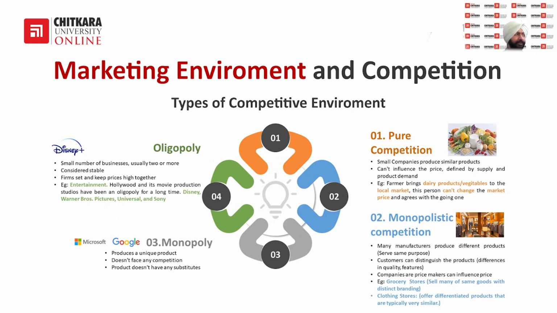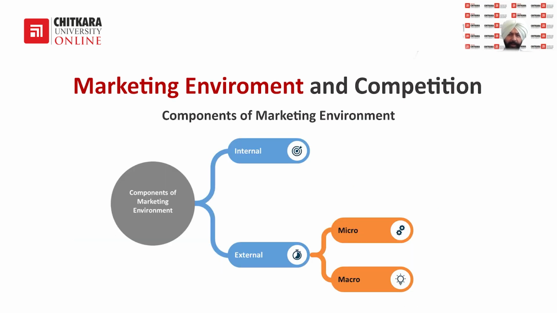Even the cinema chains, PVR, Inox, Cinepolis, are very few. They're very large houses. But then they offer similar products and they only decide the pricing within themselves. So that is probably what oligopoly is all about.